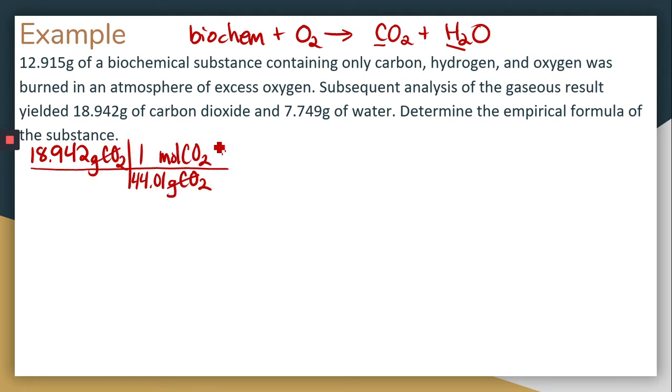Now we need to go from moles of carbon dioxide to moles of carbon. So we would bring down moles of CO2 and we want moles of C. For every 1 carbon dioxide, we have 1 carbon. Keeping our significant figures the same.